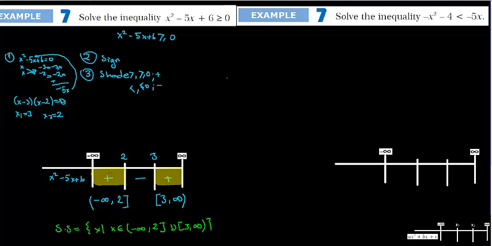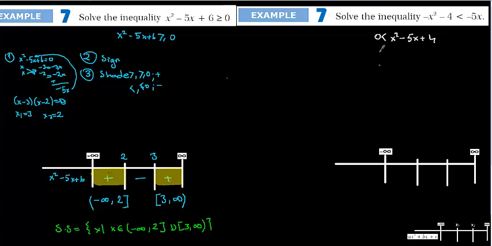Okay, for the second question, I'm going to add another step here because this question is not in the first form. Firstly, you have to collect the terms on one side, which means minus x squared, or we can collect on the right side, which is x squared. 0 is less than x squared minus 5x plus 4.